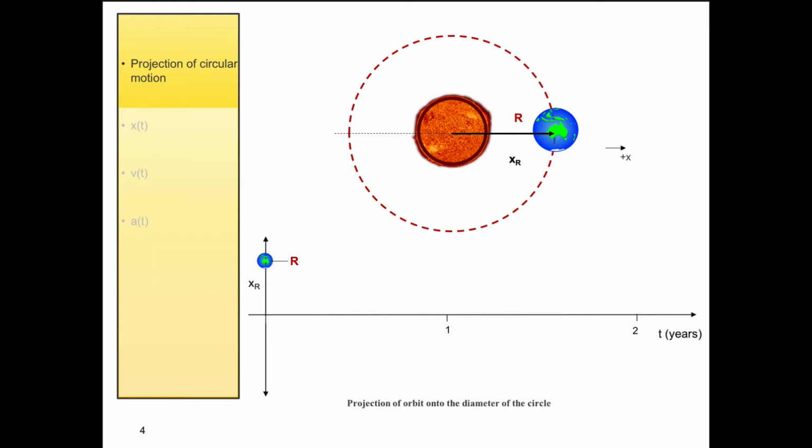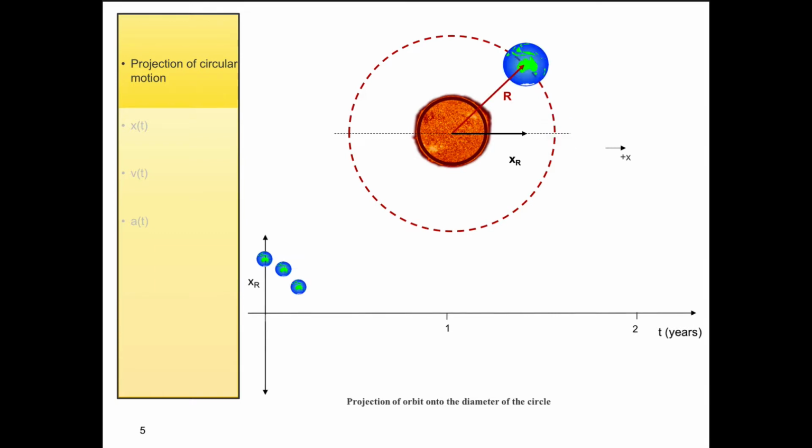So we can see that in the initial state, because our Earth is located on the x-axis, the x projection is maximum. That is, the x component of our vector is at a maximum and is equal to r. As the Earth rotates around the Sun, we can see that the x projection decreases until a point where it equals 0 and then becomes negative.